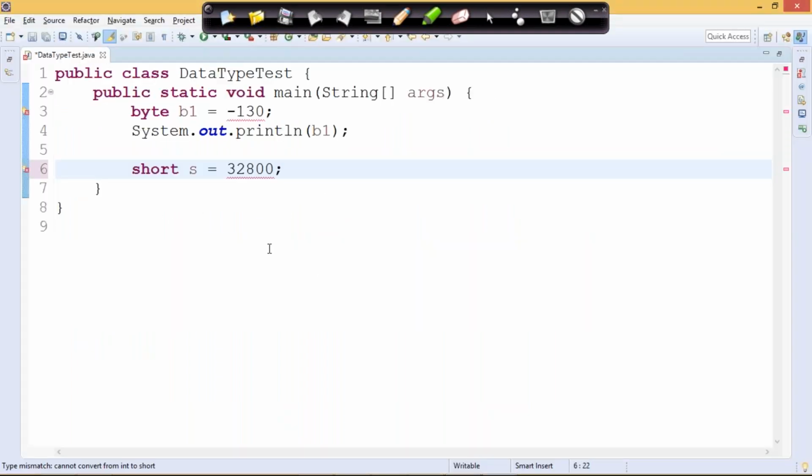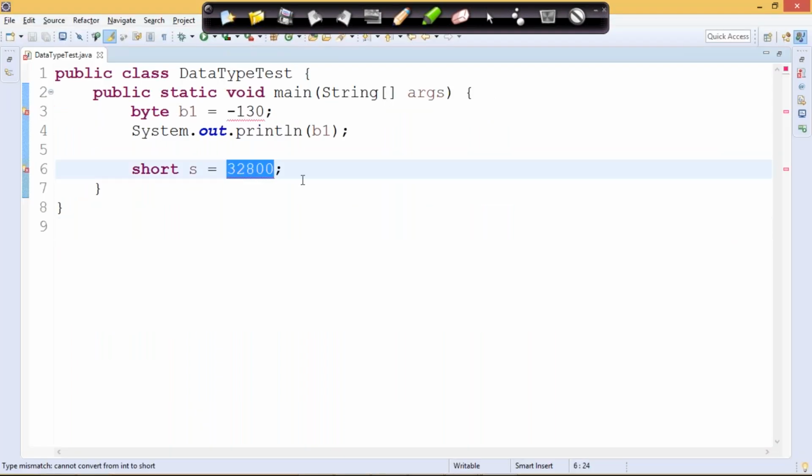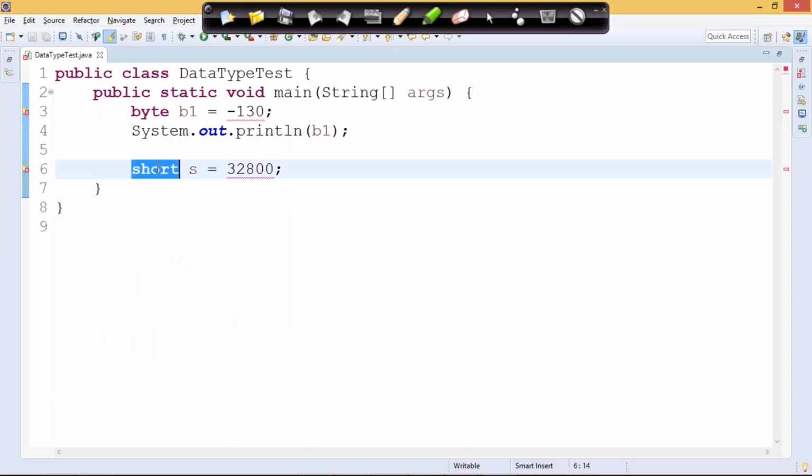32,800. Is it in the range of short? No, because the maximum range of short is 32,767. Here 32,800 is bigger than that. Hence, to store such data, you need to go for a bigger capacity of bucket called integer.